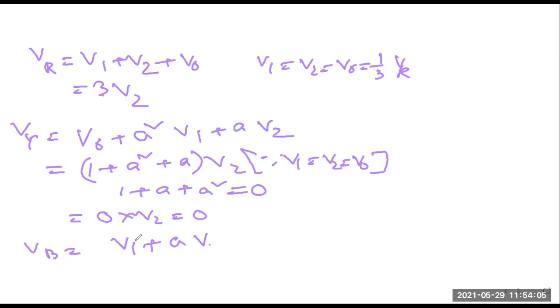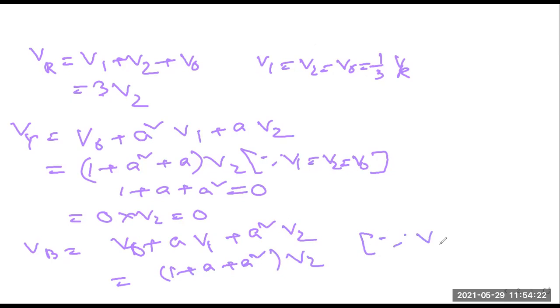For this case, this should be V0, this will be A into V1 and this will be A square into V2. So we take common 1 plus A square plus A into V2, because V1 equal to V2 equal to V0. So that is 0, and 0 into V2 is equal to 0. Any doubt anywhere? No, sir. Okay, fine.